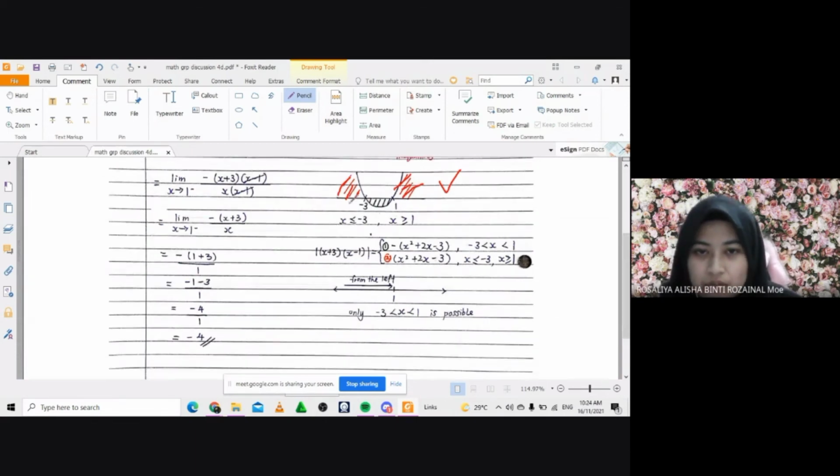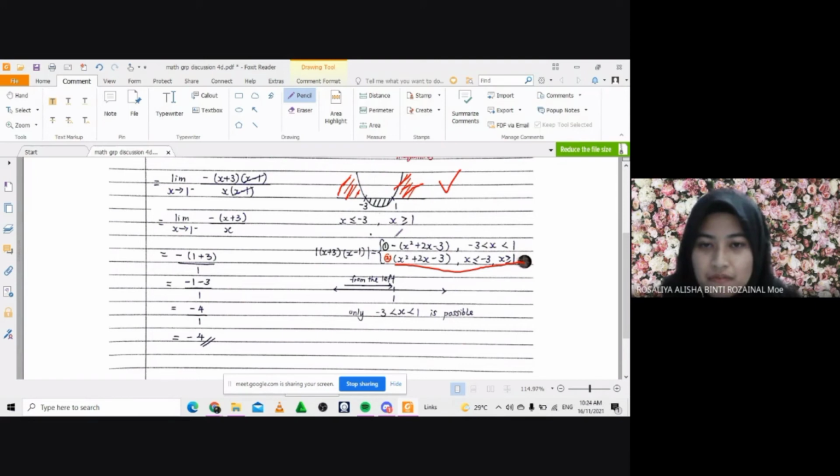When we have this, we can put the equation here, which is x squared plus 2x minus 3 for x smaller or equal to negative 3, or x bigger or equal to 1.